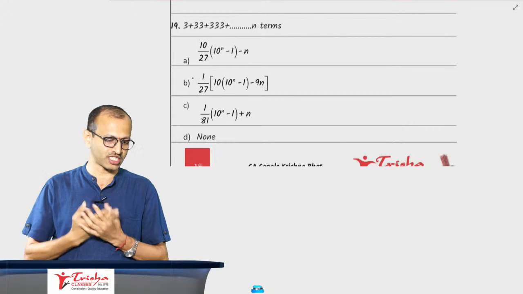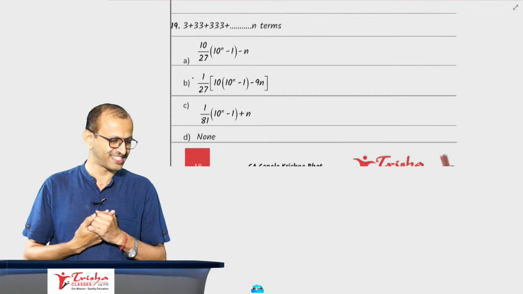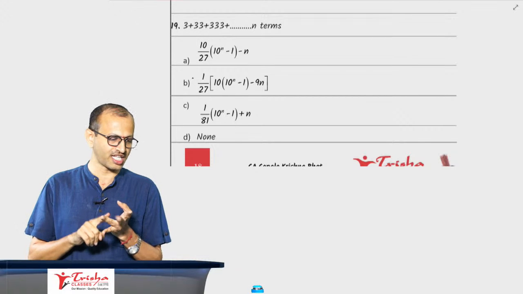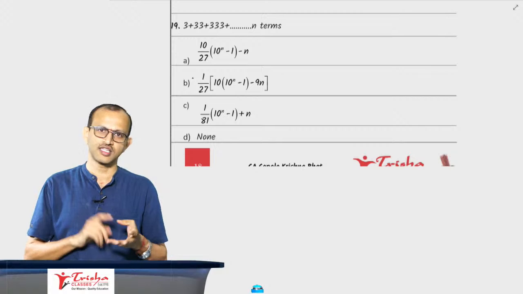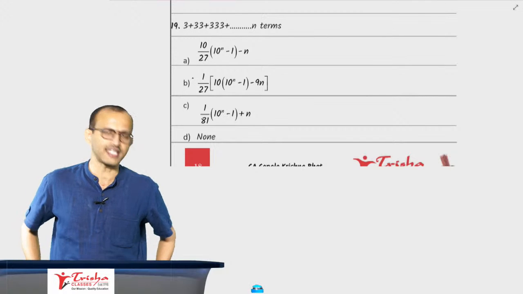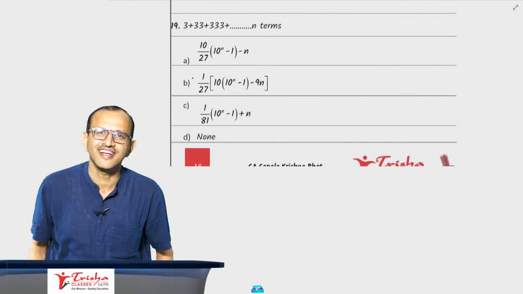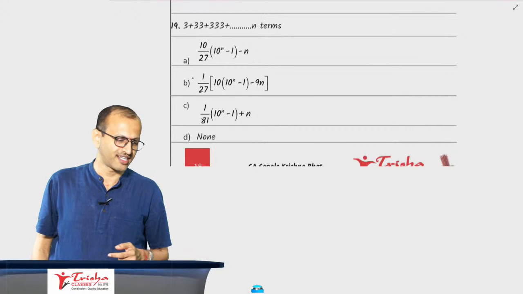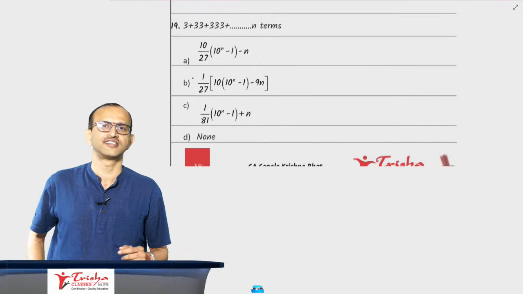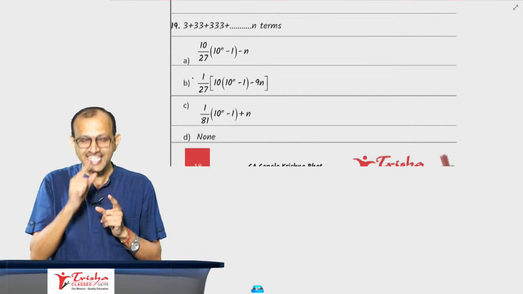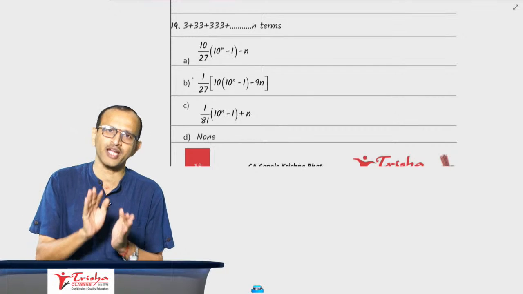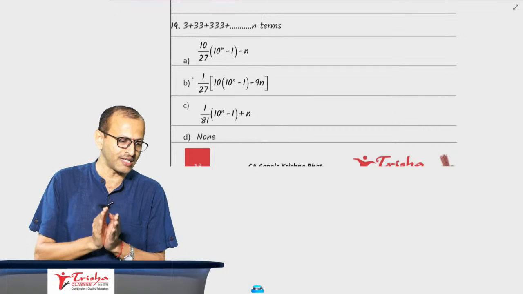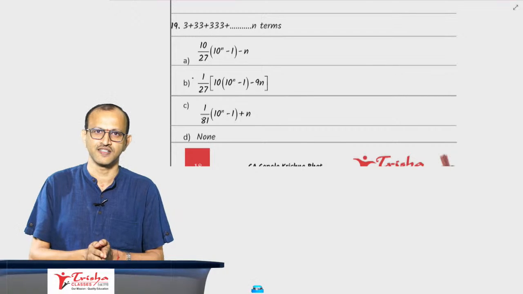You have to answer my questions quickly. 333 up to n terms. Tell me, what is n? N means number of terms. Do you agree with me?